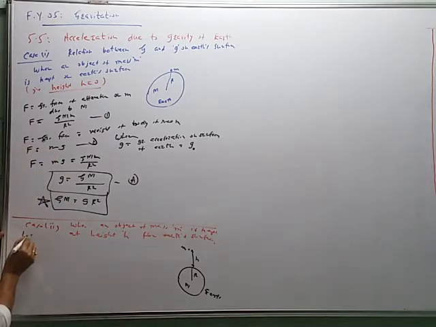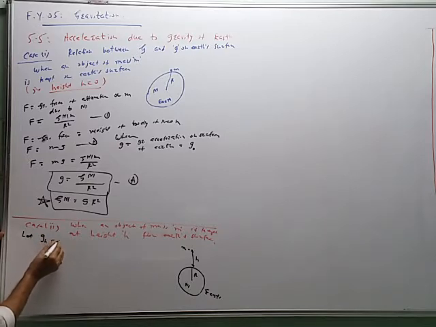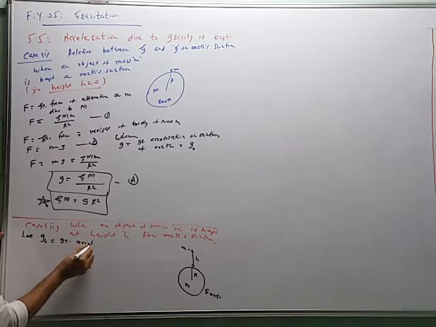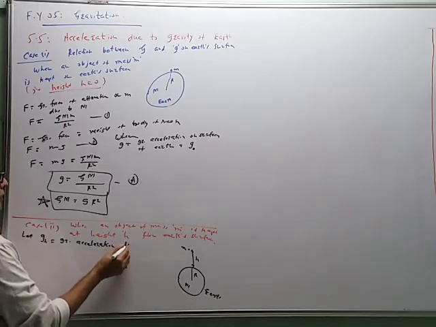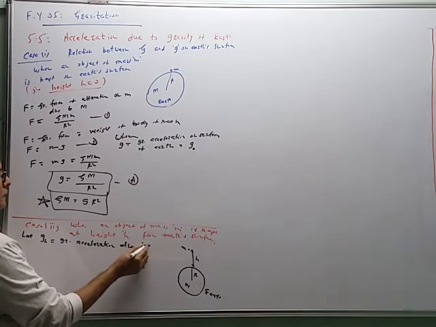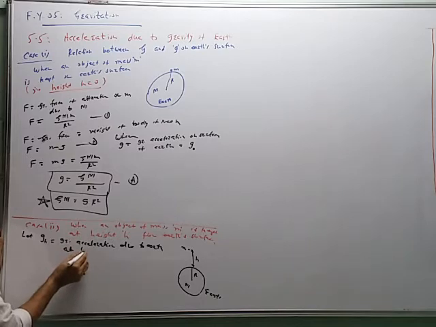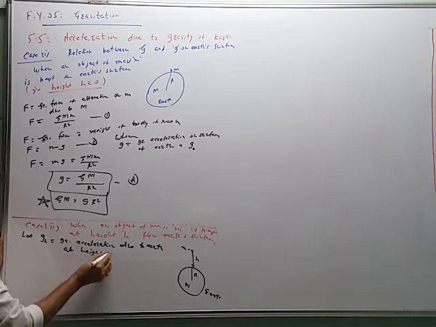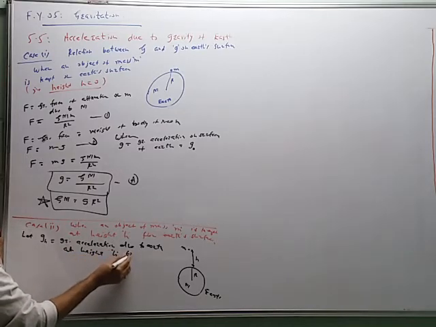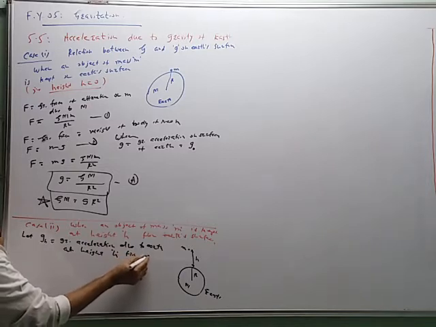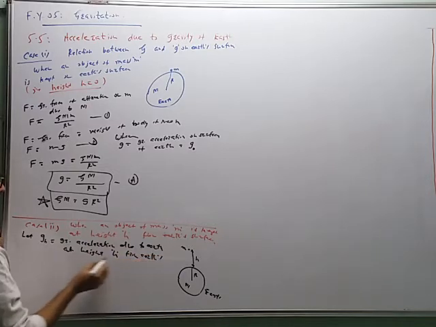Let gh be equal to the gravitational acceleration due to Earth at height h from Earth's surface.